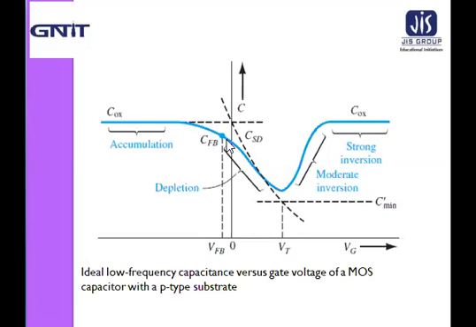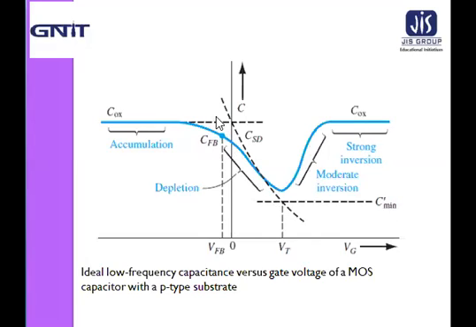Now the point on this curve that corresponds to the flat band condition, which I have already discussed in the previous lecture, occurs between the accumulation and the depletion conditions.